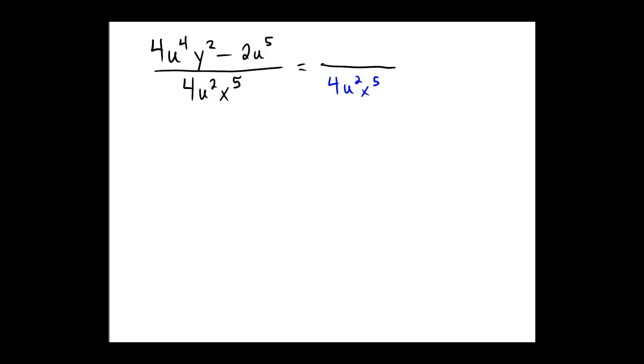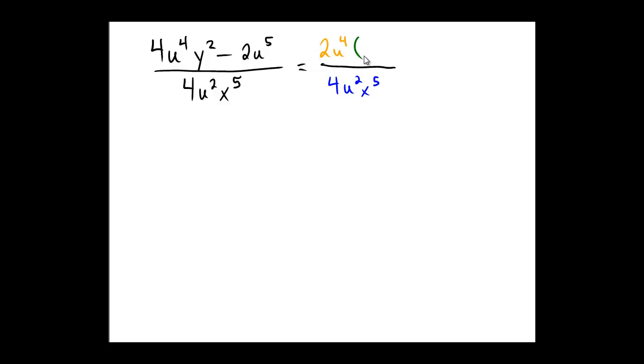In the numerator, the common factor between the numbers 4 and 2 would be the number 2, and then we have u to the fourth power, because that's the lowest exponent on the u's between 4 and 5. The y is untouched.